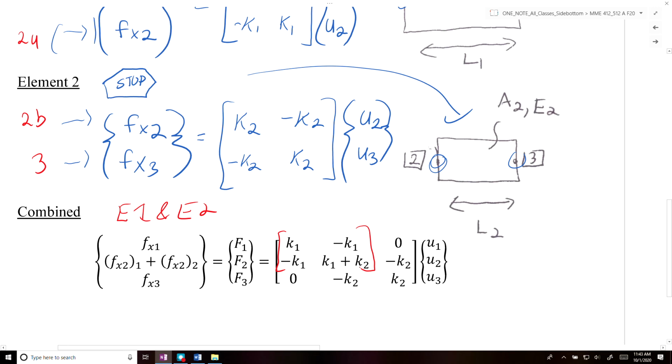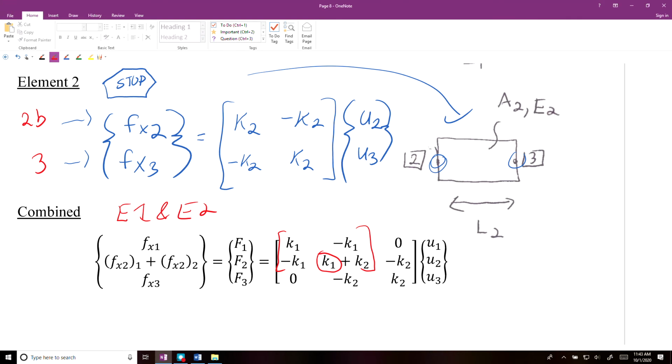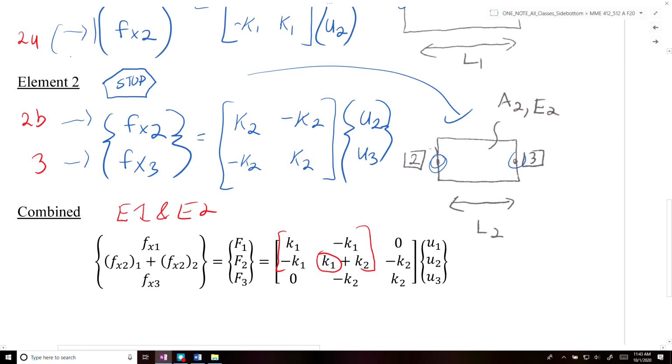And then our second stiffness matrix, which I'll highlight in blue, is from element 2. What you'll notice is that the nodal forces will be on the left-hand side of our matrix, and for the shared nodes, the nodal forces will be added together.